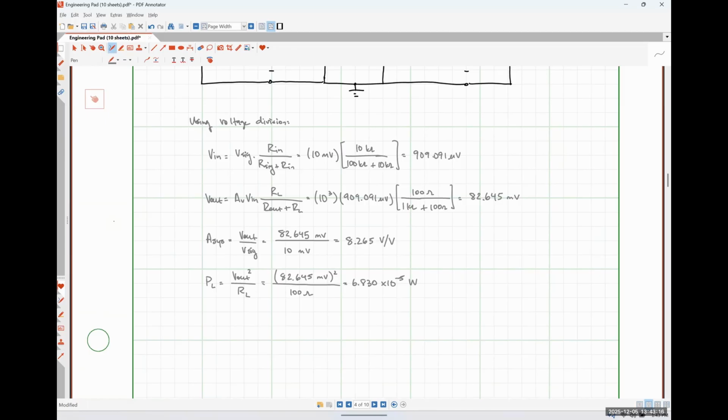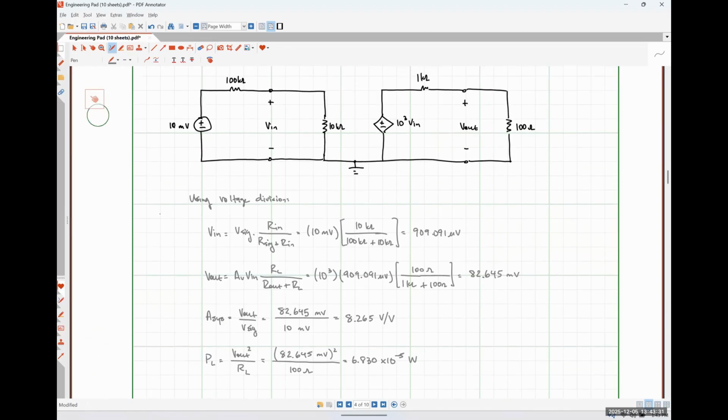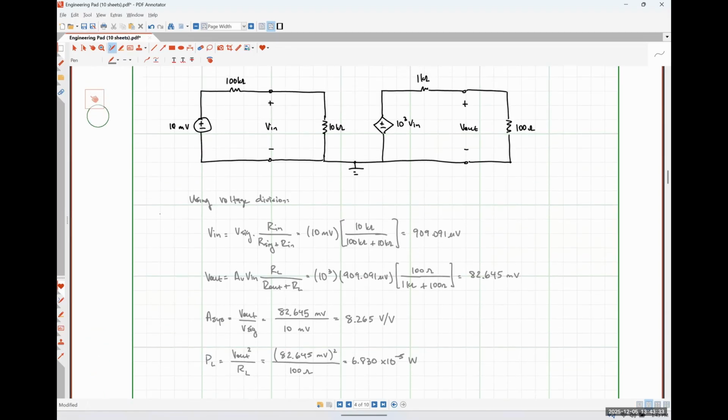The reason why my system gain is so much lower than my amplifier's gain is because I still don't really have good impedance matching on the input side, right? So my input resistance for my amplifier of 10 kilo ohms is actually 10 times smaller than my signal resistance.